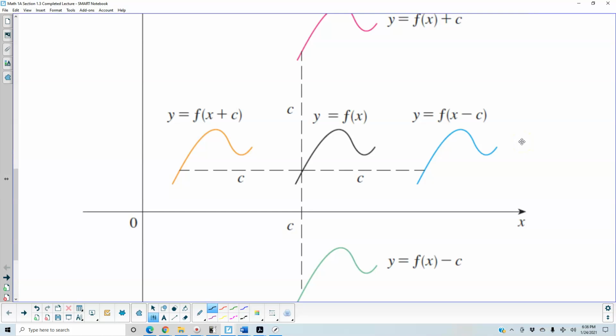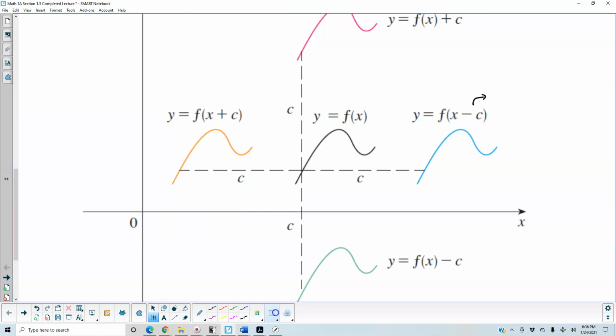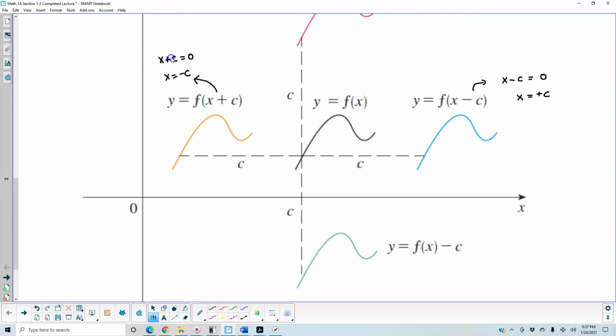The reason is that if we set x minus c equal to 0 and solve for x, we get plus c. That's why we're moving to the right. And over here, we're going to move to the left, because if we take x plus c and set it equal to 0, it's going to equal negative c. So we're moving it to the left c units.